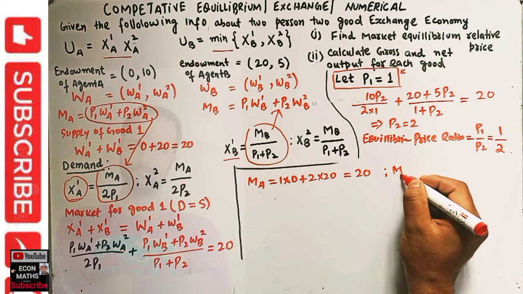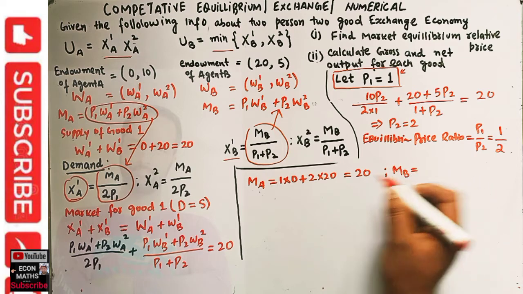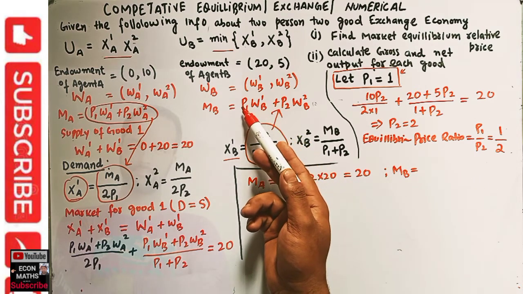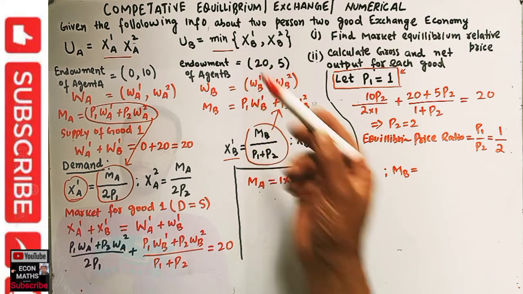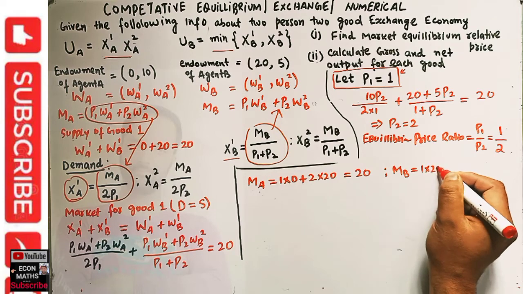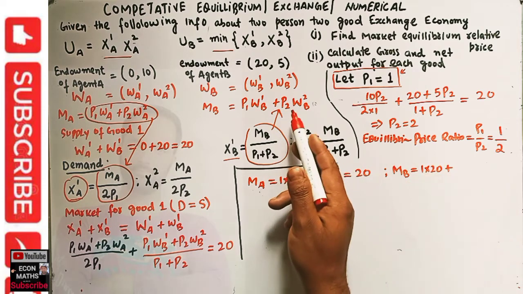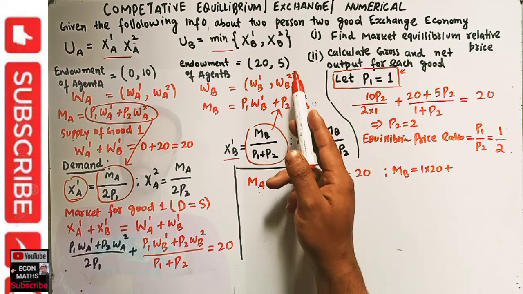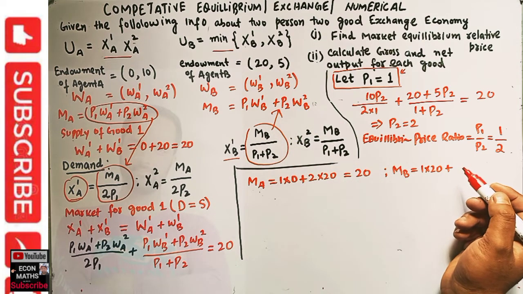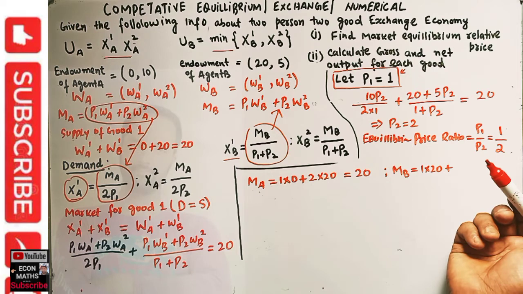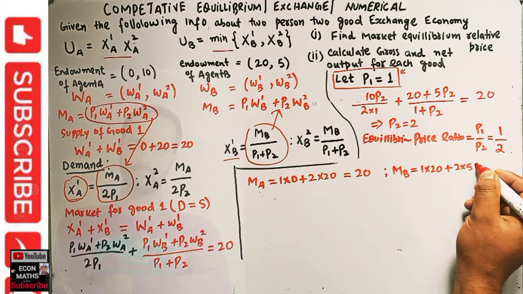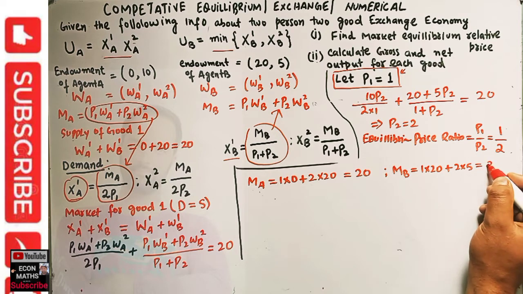And what about person B? Person B: p1 into wB1. p1 we assumed 1, wB1 is 20, so we get 1 into 20, plus p2 we got 2 and wB2 is 5. 2 5s are 10, so solving this becomes 20 plus 10, which is 30.